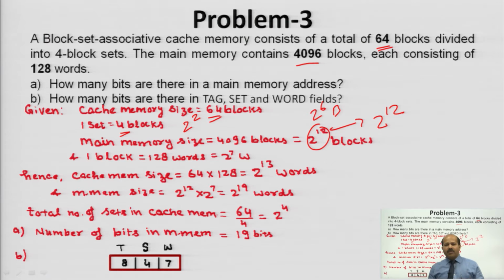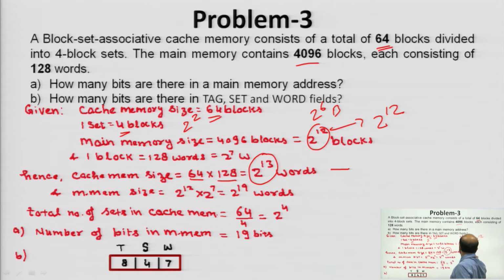So, cache memory and main memory can be converted into number of words. How many words are there in the cache memory? 64 times the number of words in a block, that is 128, because in each block we can store 128 words. So, this will come as 2 to the power 13.